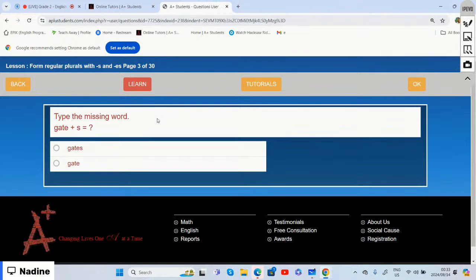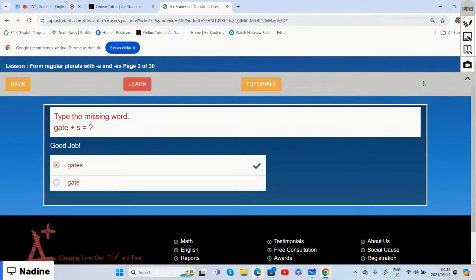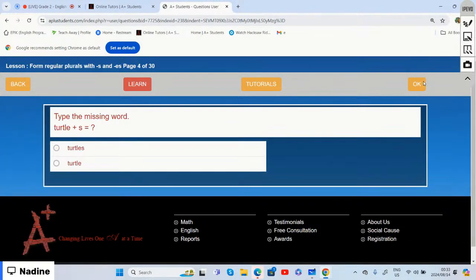All right, so if we say gate plus S, then it means that we are referring to more than one gate, which means that it is gates. Well done. Gates is correct.